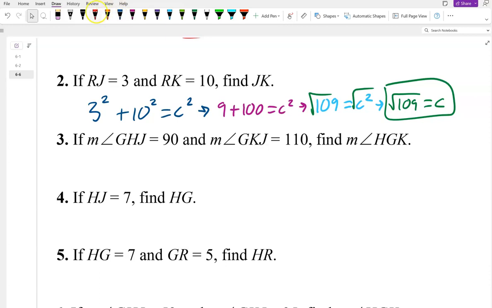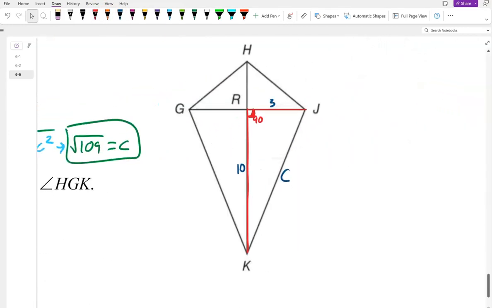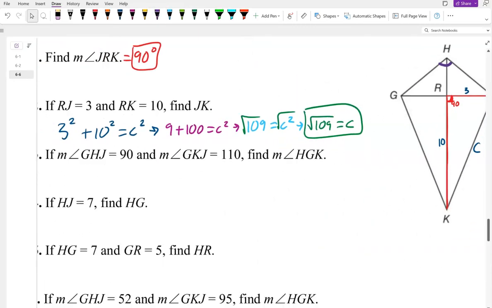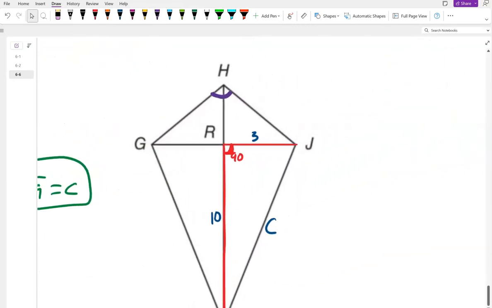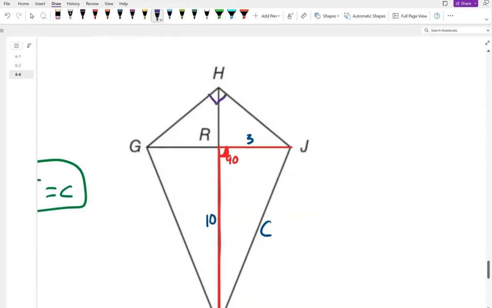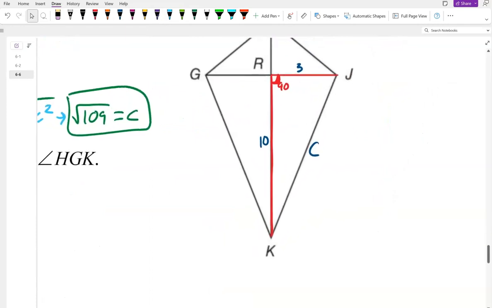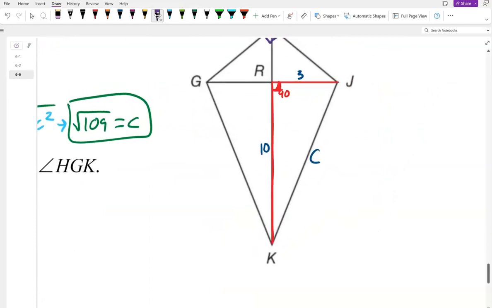All right. Then this next one, if the measure of angle GHJ, so GHJ is this angle up here. I'm going to use a different color, so let's do this one. Okay, so GHJ is 90, so that's a 90-degree angle, so let's fix that, make it 90. And then GKJ is 110, so GKJ is this angle down here, so they say this is 110 degrees.